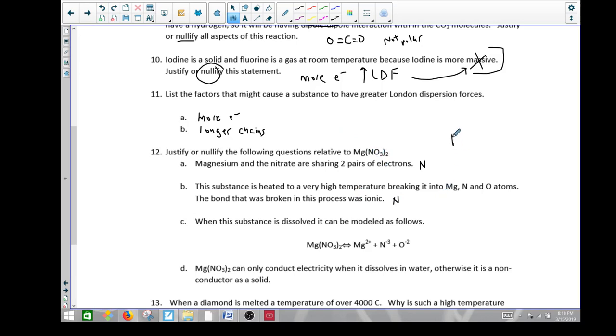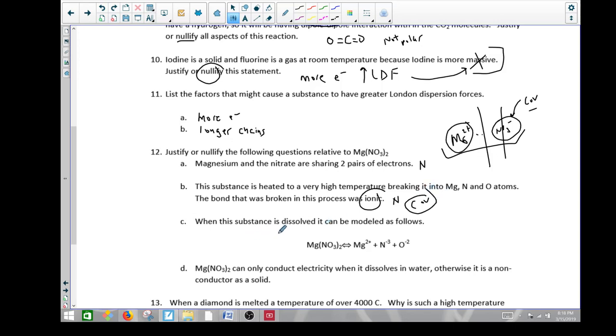Okay, well, we have a magnesium ion, and it is ionically attracting to a nitrate, NO3 minus. But if we heat the daylights out of this thing, and we break this bond, and we break up all of those bonds, inside there is a covalent bond. And therefore, technically, it's nullified because we have broken both ionic and covalent.